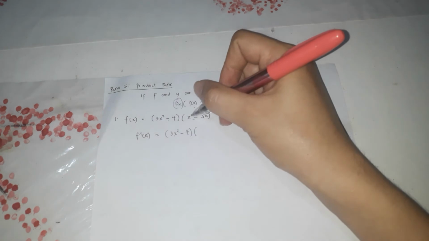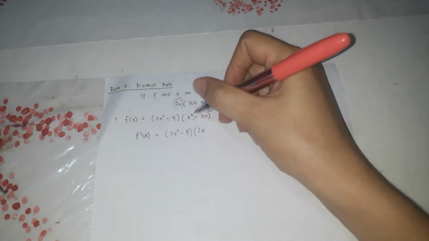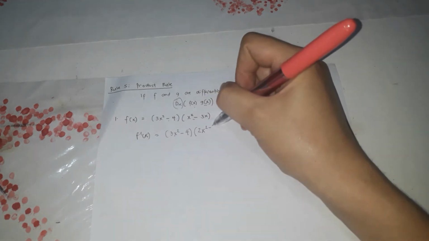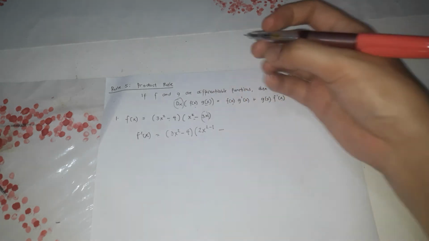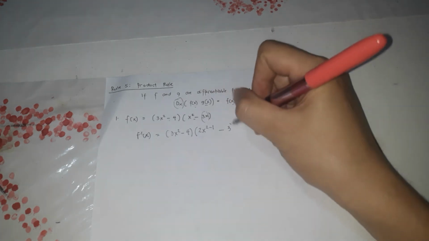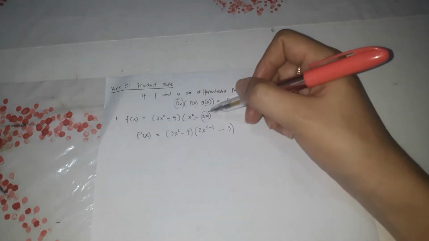So, power rule: copy the exponent, copy the variable, copy the exponent minus 1. Minus, take the derivative of 3x. So it's 3, because when there is only x, you can cancel it.